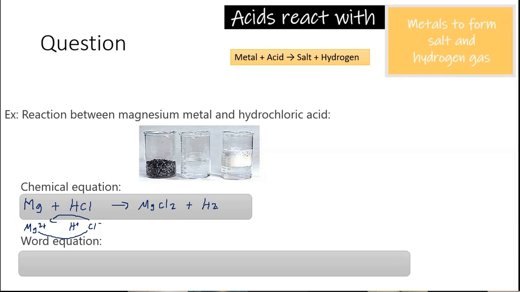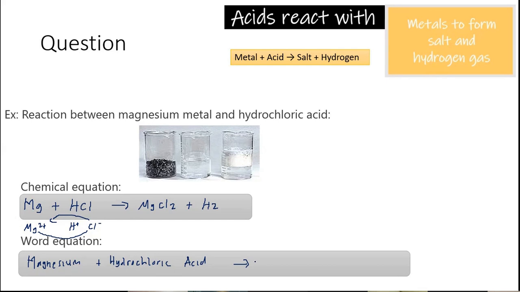What is the word equation? Mg is magnesium. How about HCl? Hydrochloric acid. What is the name of the salt?